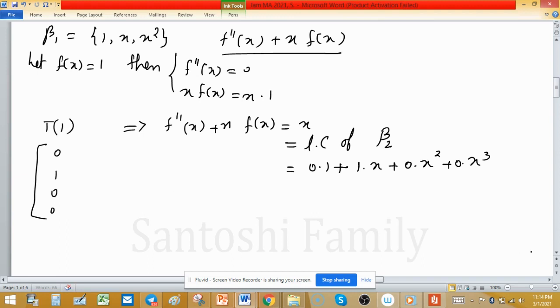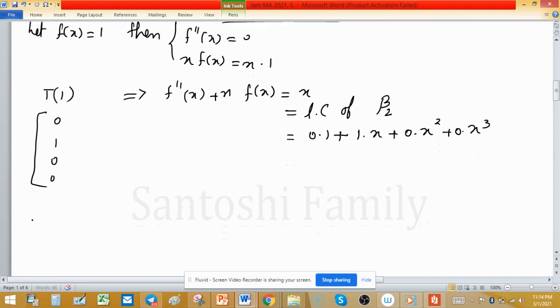Now find all images. As f(x) is x, the second element of the standard ordered basis for P2(R), then f double prime x will be 0, and x into f(x) will equal x into x, which is x square.